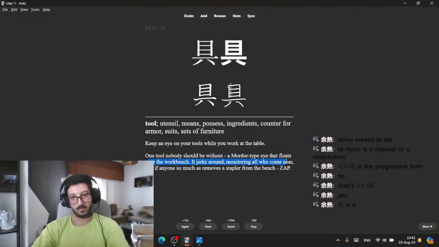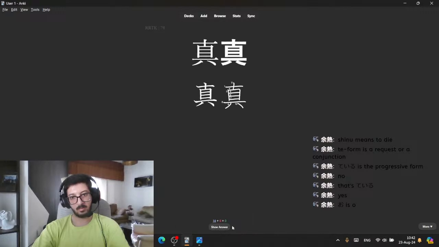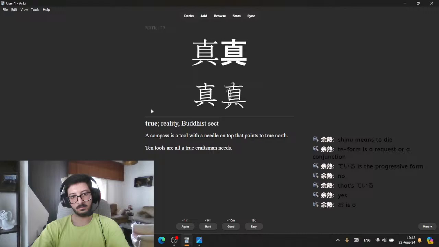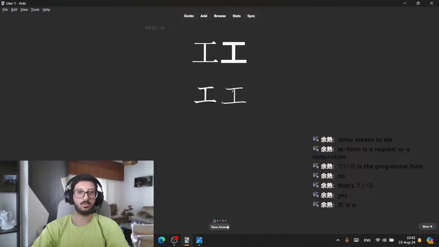It jerks around monitoring all who come near, and if anyone so much as removes a stapler from the bench, zap. True, reality, Buddhist sect. Compass is a tool with a needle on top of that joint of true.